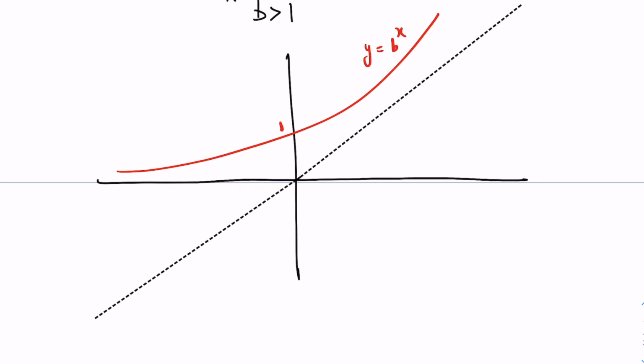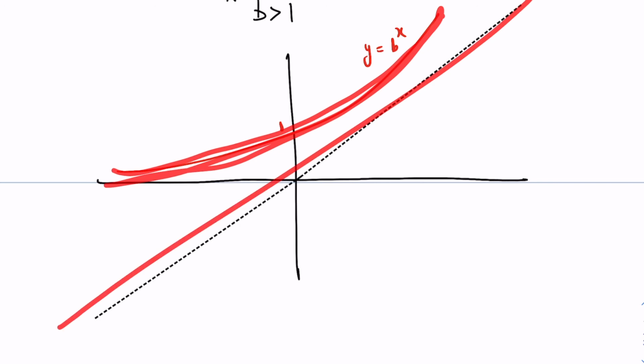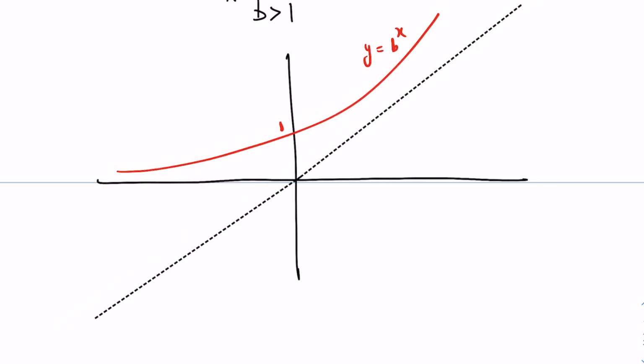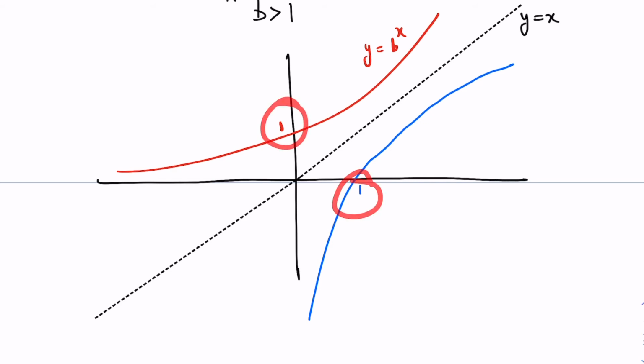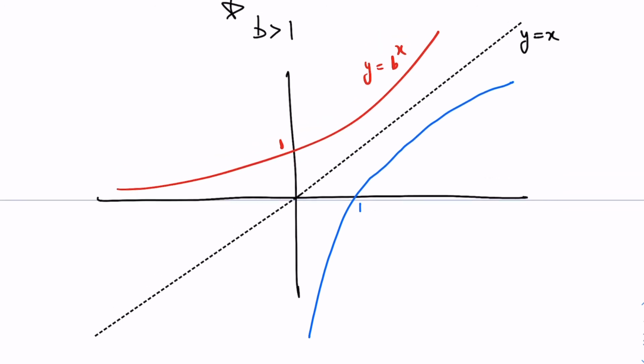If I take the image of this graph in the line y is equal to x, I will get a new curve, which I'm drawing with this blue line. Obviously it's going to pass through (1, 0), because this one passes through (0, 1). And it's the exact image, so only the x and y values are exchanged.